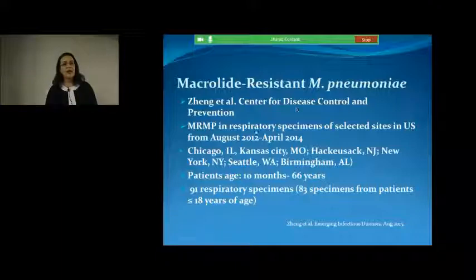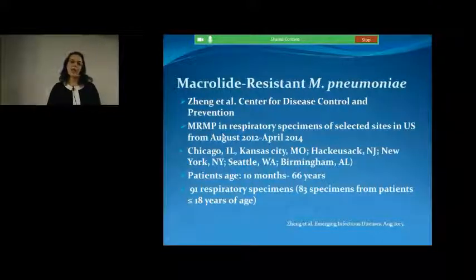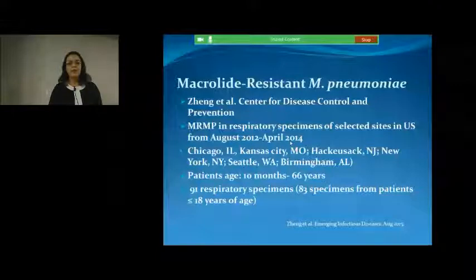This author here, who works at the CDC, studied macrolide-resistant Mycoplasma pneumoniae in respiratory specimens from some sites in the United States from August 2012 through April 2014.